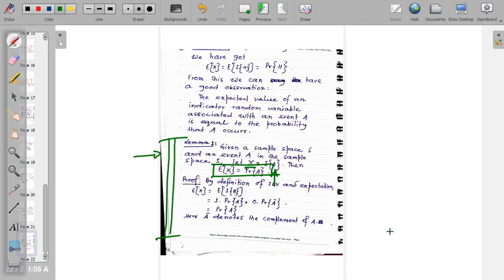Whenever we do that, consider the expectation of the indicator random variable.